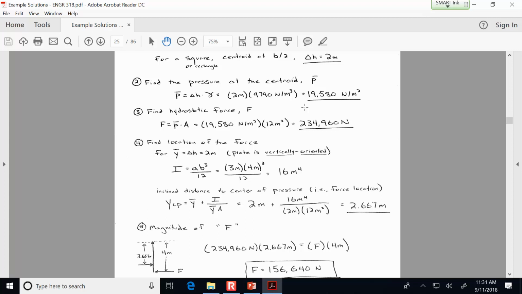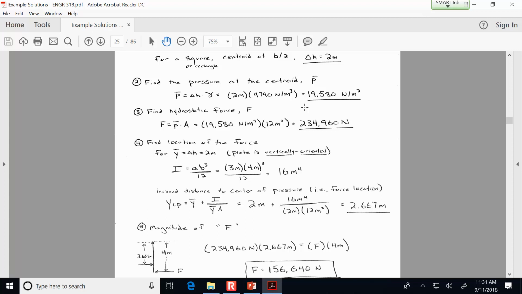Okay, and the reason why we wanted to calculate the area moment of inertia is, remember, our formula for y CP is going to be y bar plus I divided by y bar A. Okay, and so we know y bar is 2 meters, and area moment of inertia is 16 meters to the fourth.